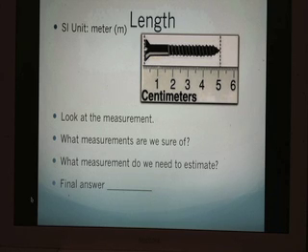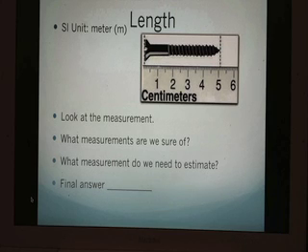Length. Well, the SI unit for length is the meter. But again, for the things that we're going to be measuring in the lab, centimeter makes a little more sense. So let's have a look at the screw in this picture. If we wanted to give the length of that screw, we would, first of all, look at the measurements.